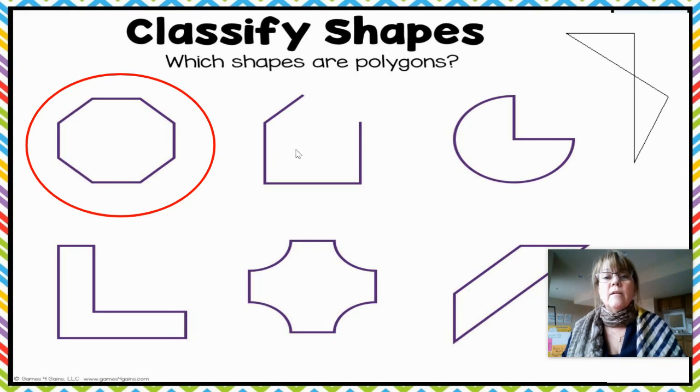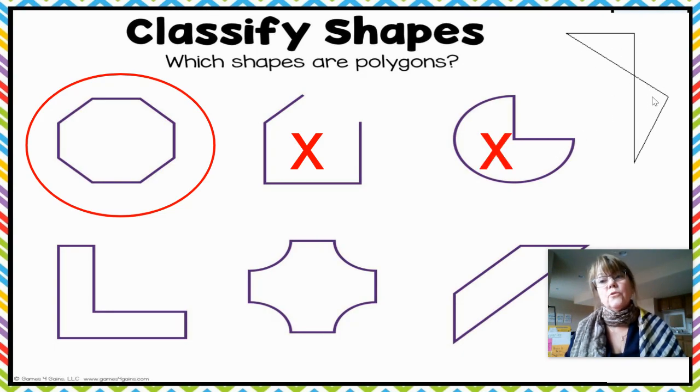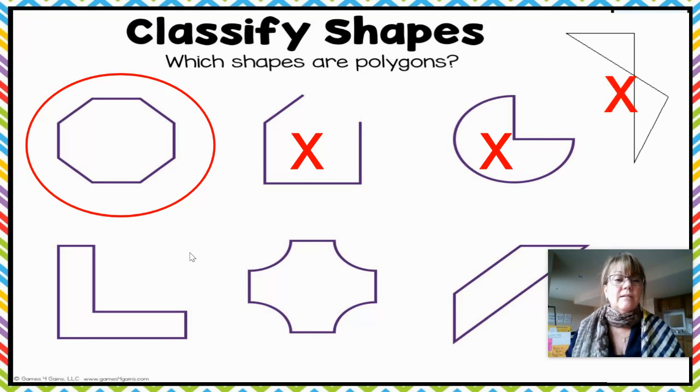This one here, I have a nice open area. My dog would be getting out if this were a fenced-in area. Not a polygon. This one has curved lines. It is closed, but it's curved, so it's not a polygon. This one crosses over each other. Even though I do have two closed areas and I have all straight lines, it's still not a polygon because of that.